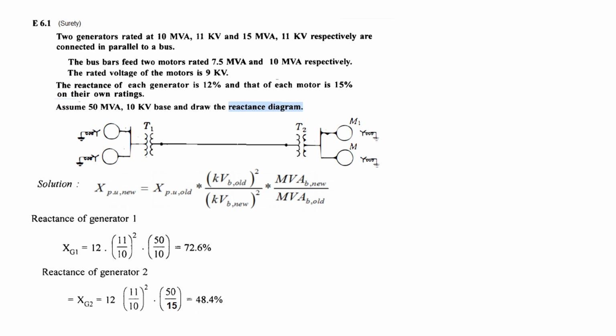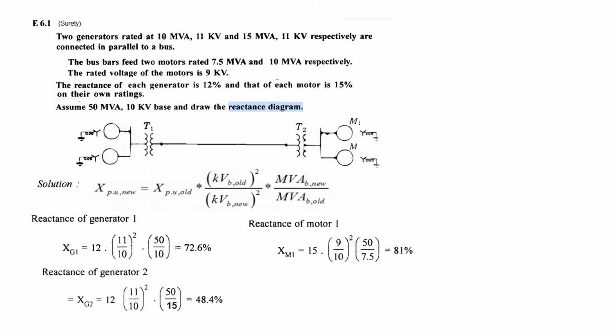Now we can also find for the motors the same way. So for the motor, the reactance percentage is 15, so we'll write 15. And the motor rating, now let's see, the rated voltage of the motors is 9 kV, so 9. Base is 10, so 9 divided by 10 squared.